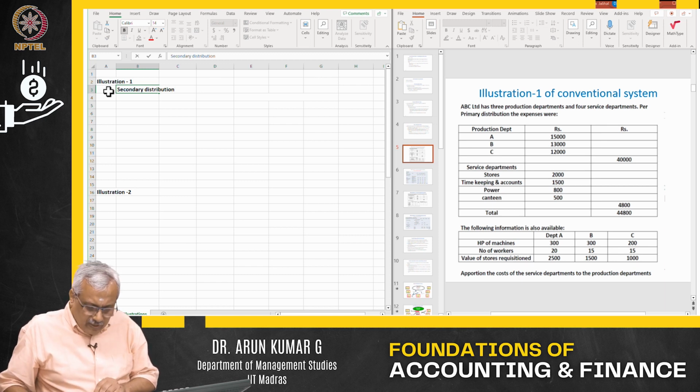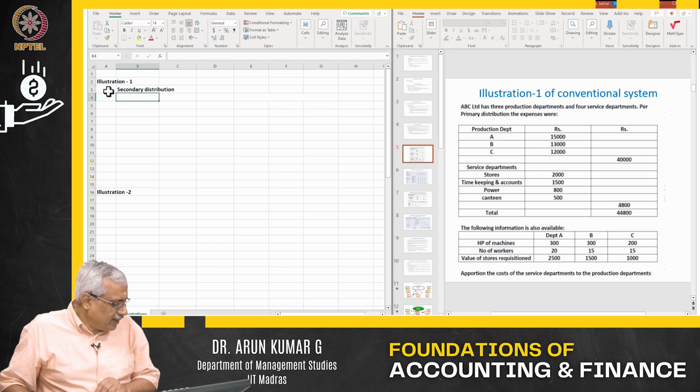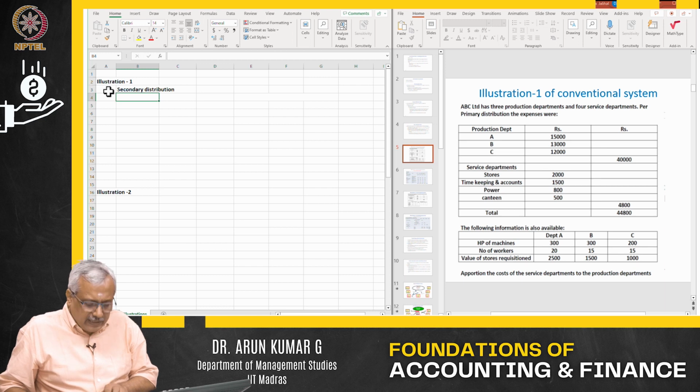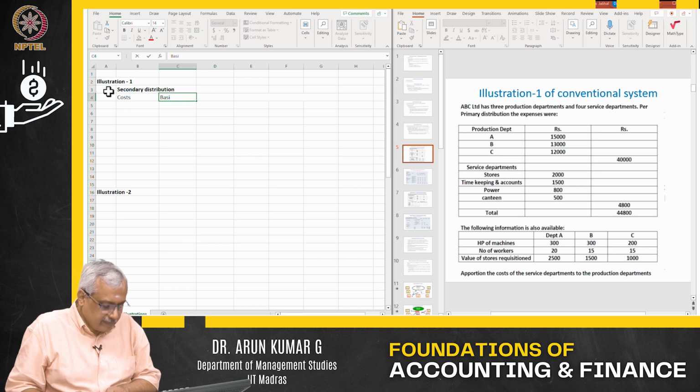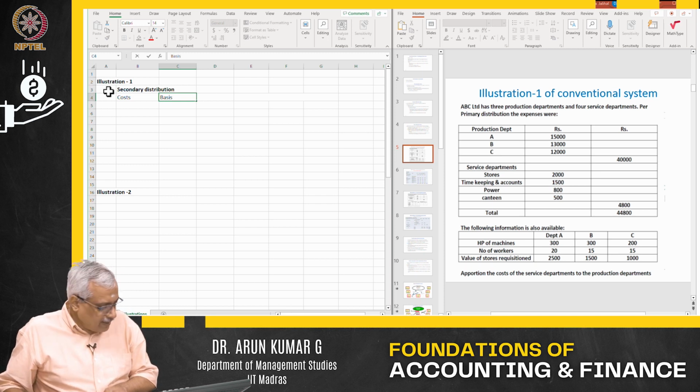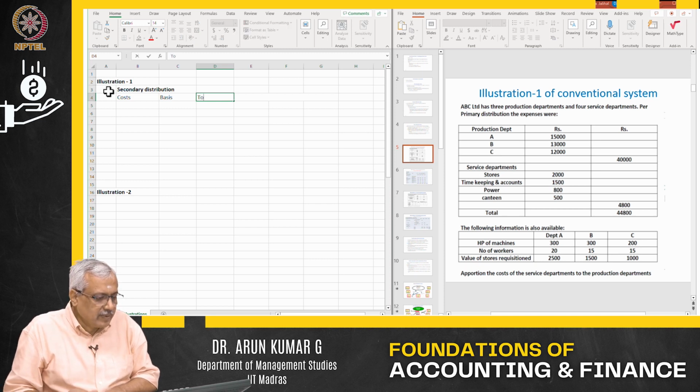Let me look at the details in terms of the costs, and then the next is basis, and I am just going to keep the total here.